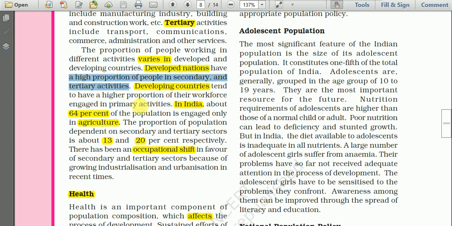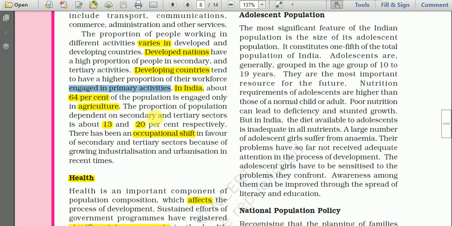Developed countries like European and American countries have a higher proportion of people in secondary and tertiary activities, that is, in the service sector as well as the manufacturing sector. Developing countries like India tend to have a higher proportion of their workforce engaged in primary activity.